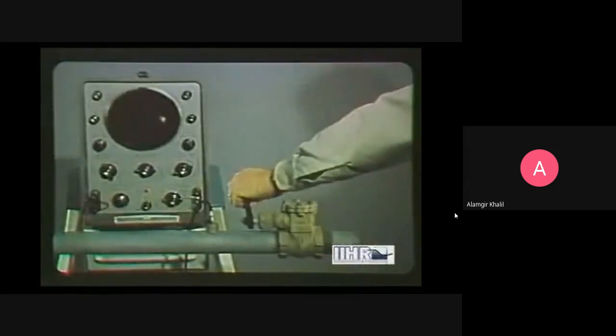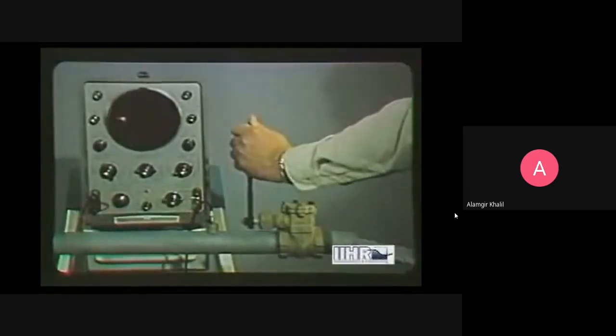You can see here the positive and the negative. This is how the pressure wave travels. You can see, suddenly close the valve, the pressure goes up and down until equilibrium is reached.